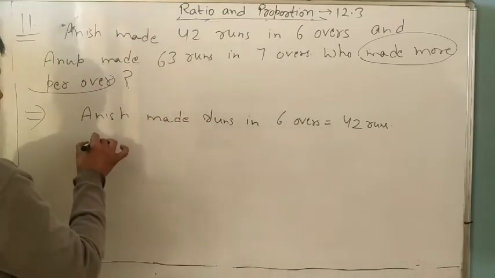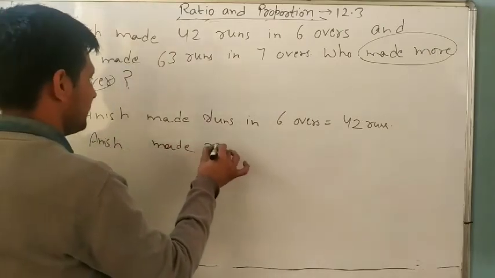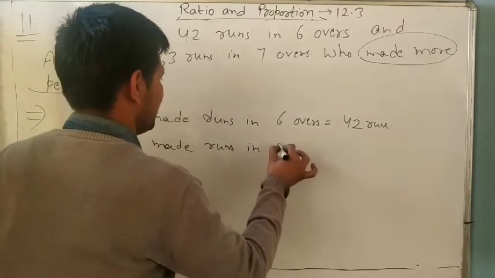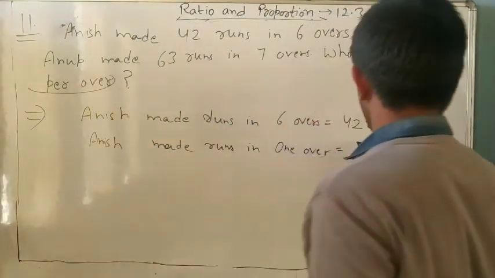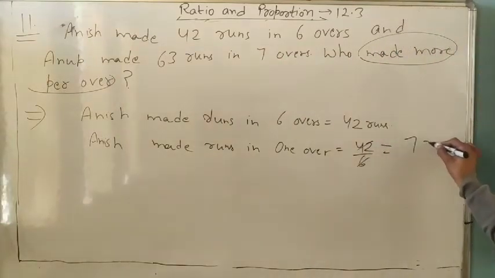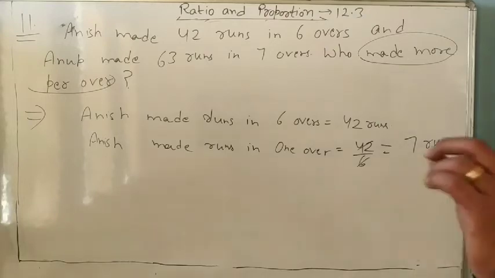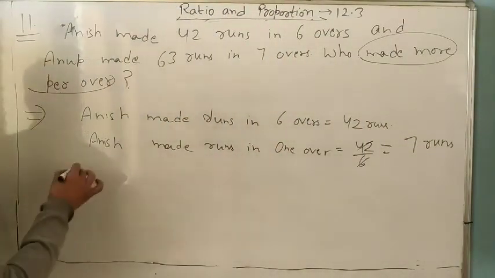So write: Anis made runs in 1 hour. So 1 hour means 42 divided by 6. How much did Anis make in 1 hour? 7 runs in 1 hour.